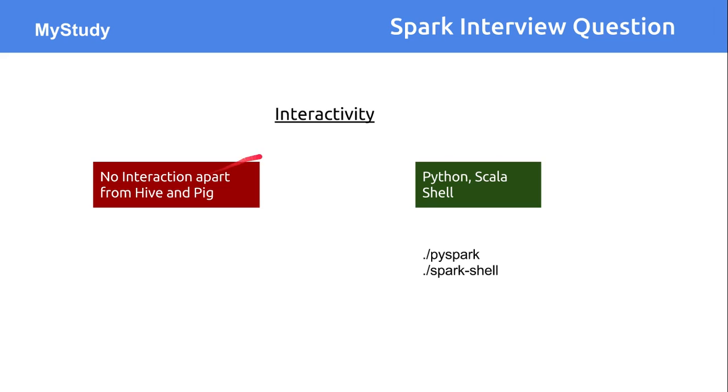You can start the Python shell by running the pyspark command, and the Scala shell with the spark-shell command. Both interpreters are available for interactivity, so with just a single line of statement, you can execute what you want and immediately get the result while you are prototyping.